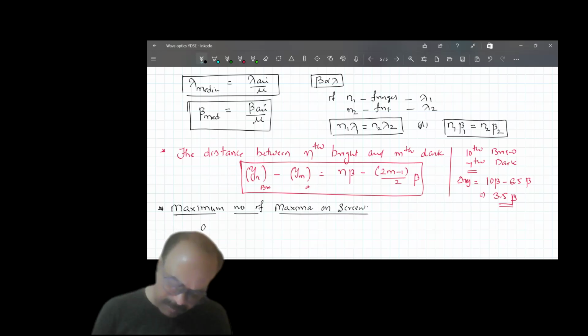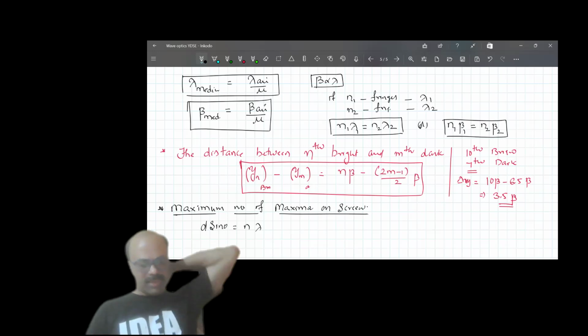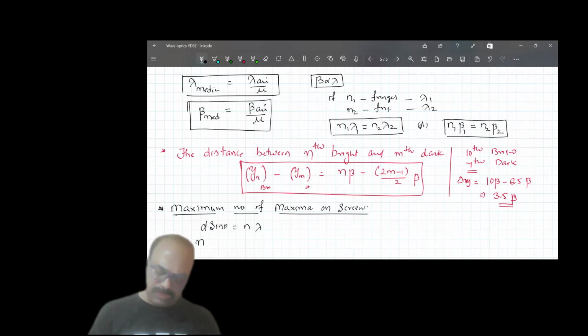So we have the formula d sine theta equals n lambda. Here we want the maximum number, so n equals d sine theta by lambda. The maximum value of sine theta we know is equal to 1.